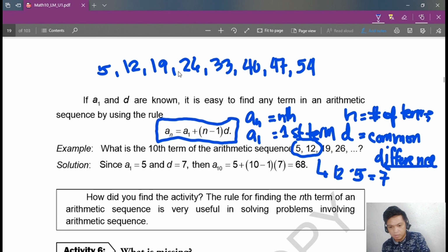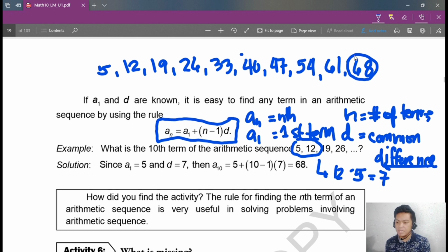Pangilan na ba? 1, 2, 3, 4, 5, 6, 7, 8. So, kailangan pa ng dalawa. So, 54 plus 7 is 61, and 61 plus 7 is 68. So, traditionally, if we add successively, the 10th term is 68.